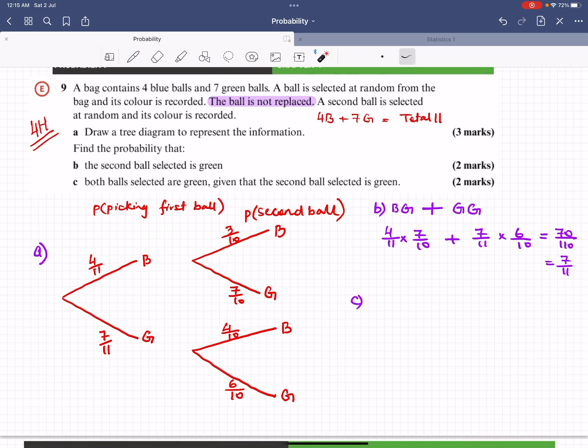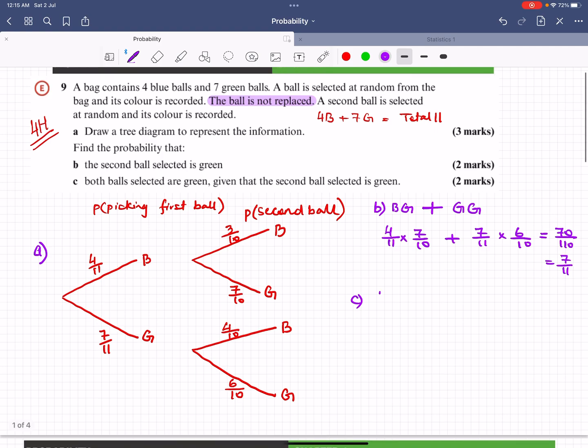Part C says, find the probability that both balls selected are green, given that the second ball is green. So this is a conditional probability. We need to find the probability of green and green, given that the second ball is green.